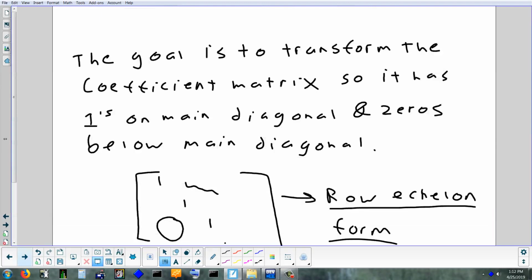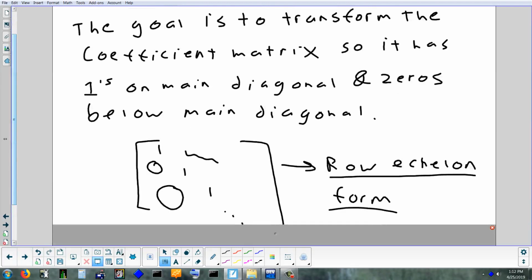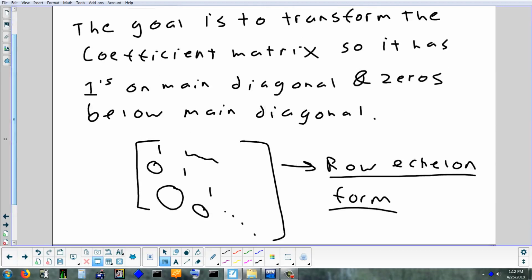The main diagonal is considered the one from the upper left to the lower right. So ones on that diagonal and zeros everywhere below. However many rows and columns you have, you want zeros everywhere underneath the ones.